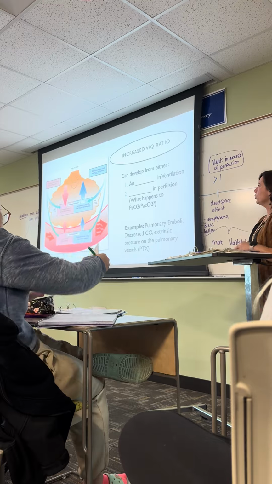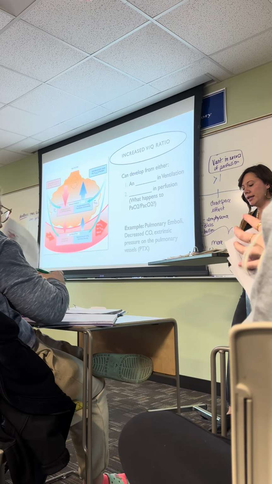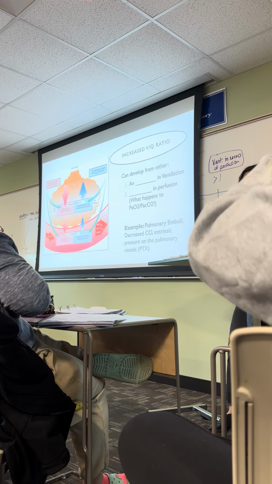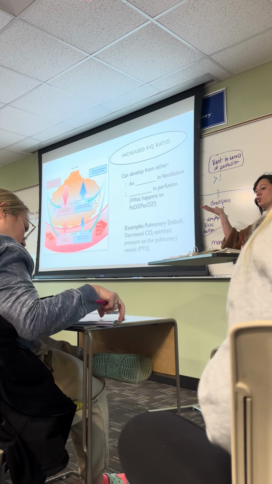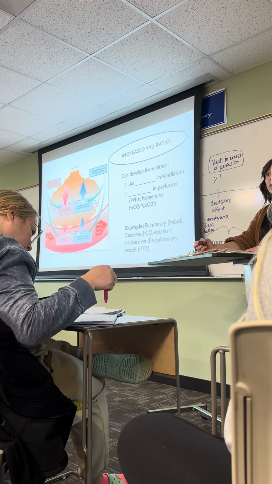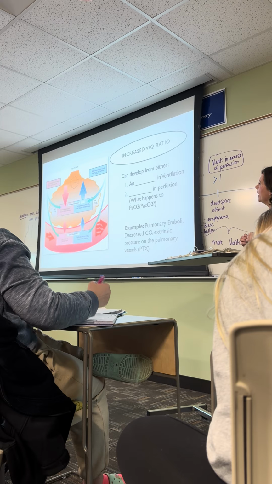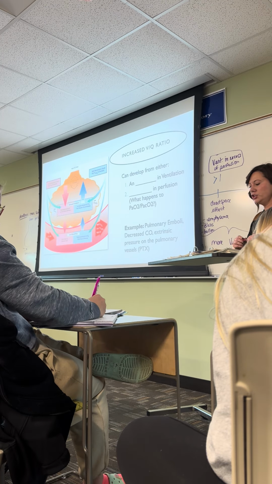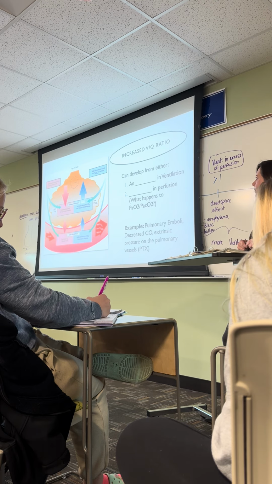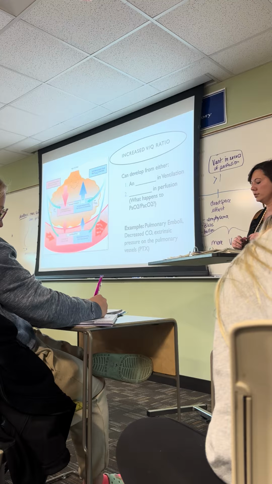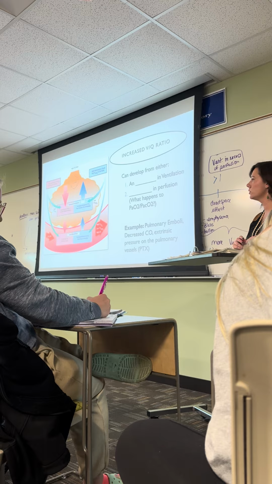Now if we have an increased VQ ratio, so when I say an increased VQ ratio, I really mean greater than 1, right? It can develop from either an increase in ventilation or a decrease in perfusion.